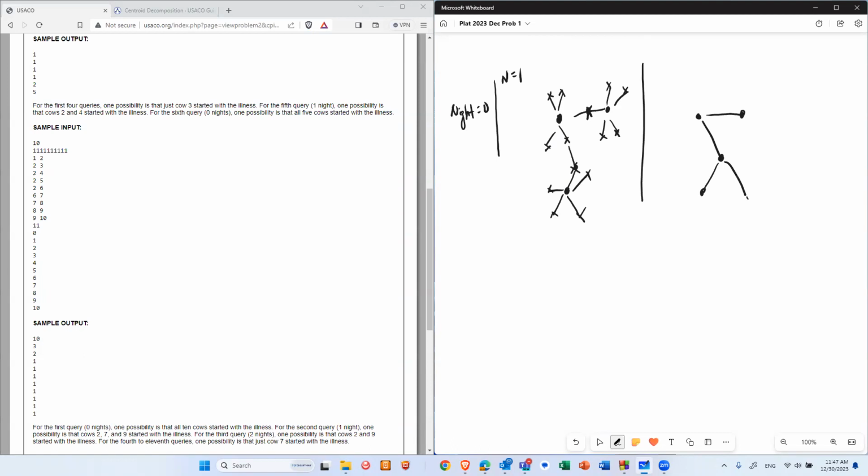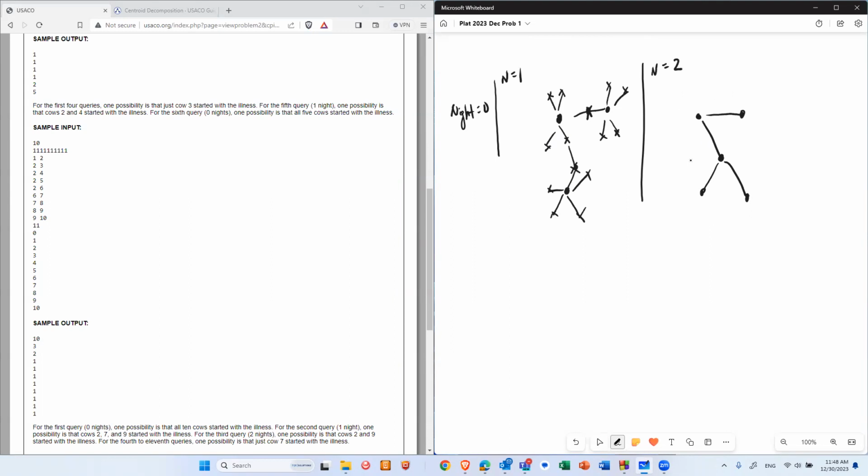The distance between those, you do it minus 1. Okay, so you are left with a tree that is just centroids, and you know how far you can infect from 1 centroid to another centroid. You do an offset. Then when you get night equal 2, you imagine this is your tree again.